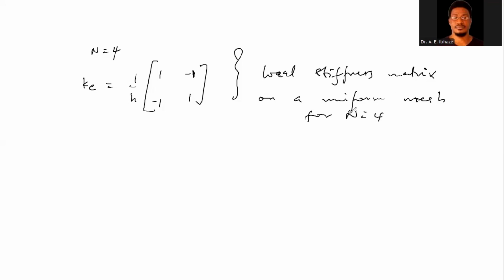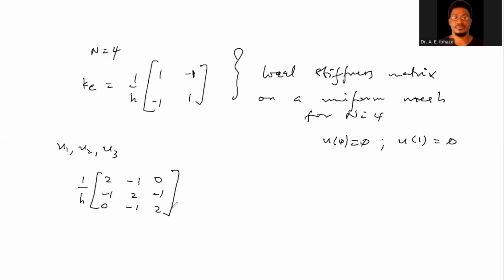So after assembling over all elements and applying the boundary conditions, which will fix u of 0 to be the same as 0, and then u of 1 to be the same as 0, then the global system of unknowns, u1, u2, and u3, which are the internal points, will now also give us 1 over h times the matrix 2, minus 1, 0, minus 1, 2, minus 1, 0, minus 1, 2, times U1, U2, U3, which is the same as F1, F2, F3.